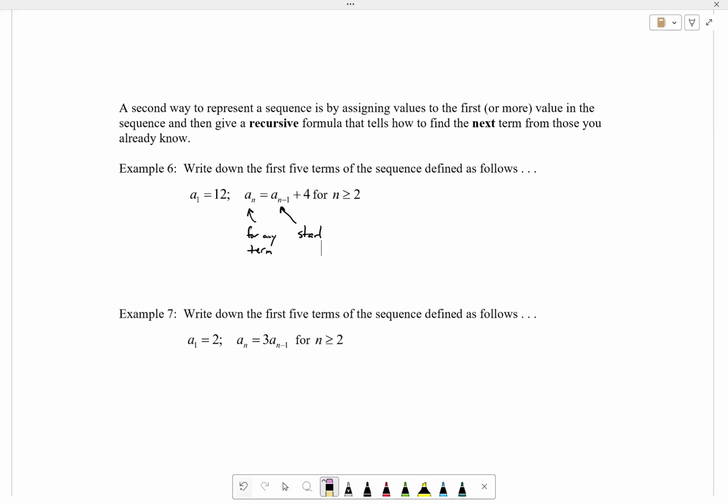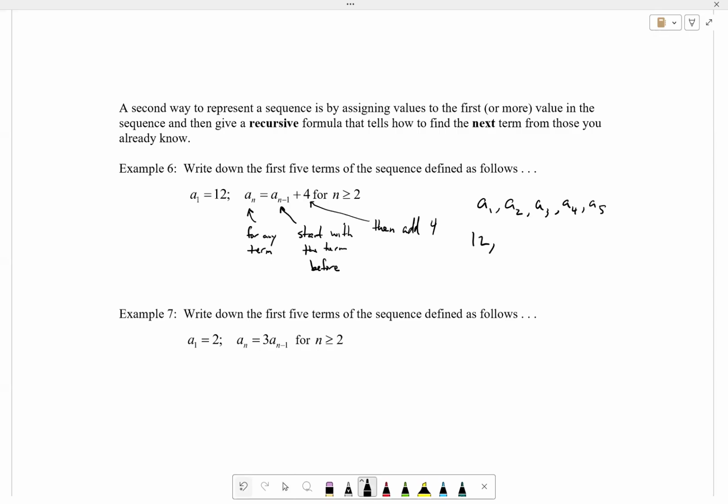So we're going to say start with the term before, then add 4. So what are the first 5 terms? I'm going to figure out a sub 1, a sub 2, a sub 3, a sub 4, a sub 5, and I'm going to stop there. Do you have any idea what a sub 1 is?